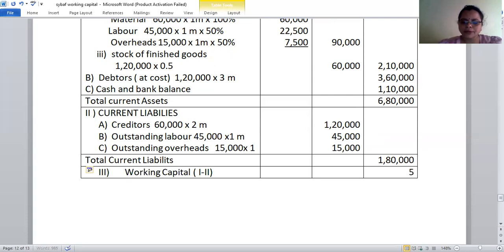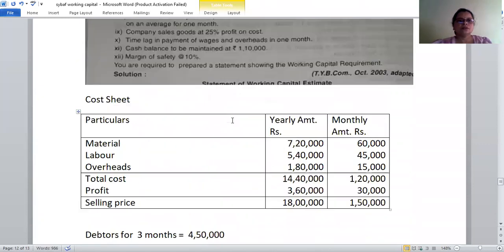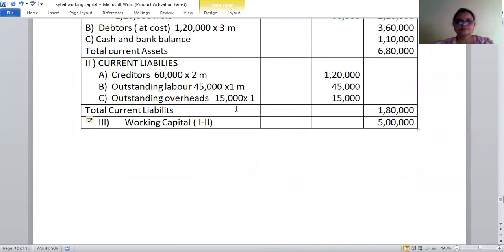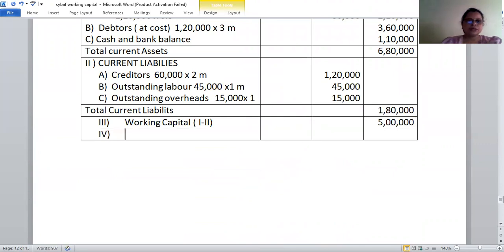But here one more adjustment they have given, that is margin of safety. So margin of safety is given 10%. So we are going to add margin of safety 10%.